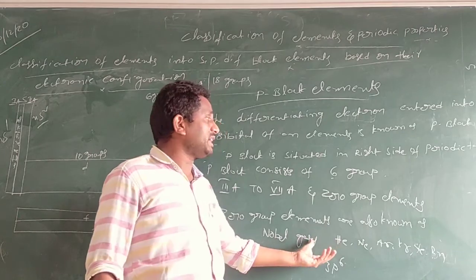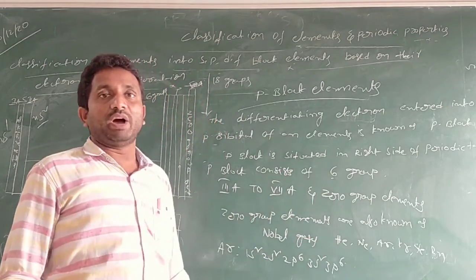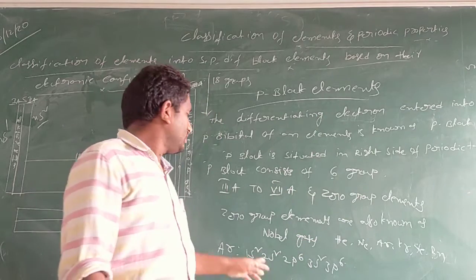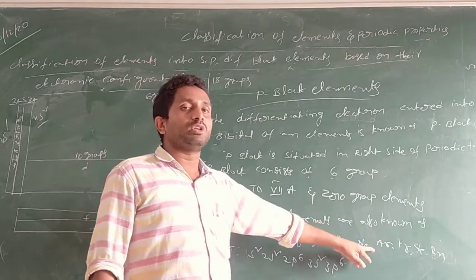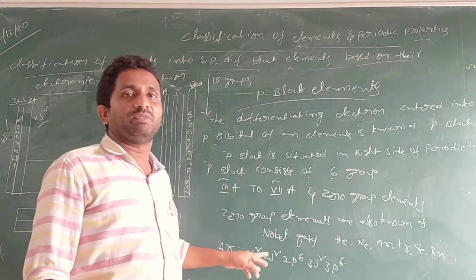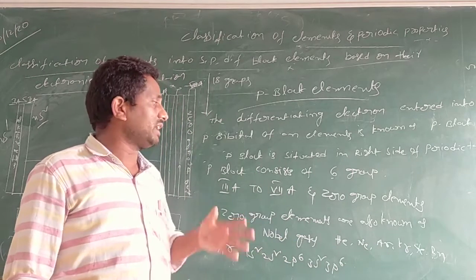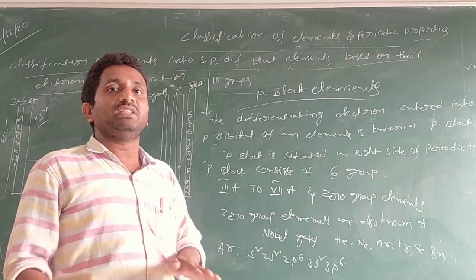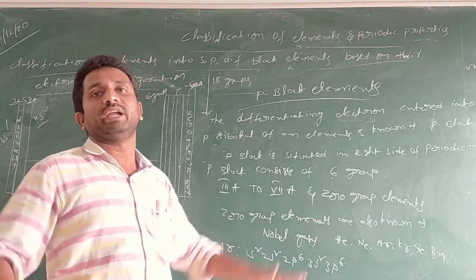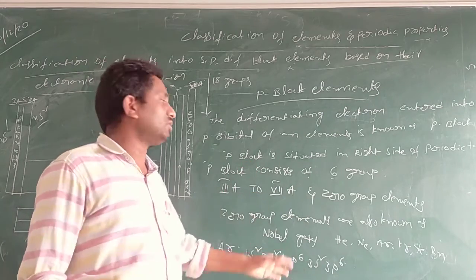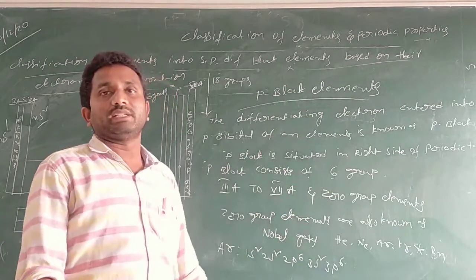This is the information about the 0 group elements. Why are these elements known as 0 group or noble gases? Because all these elements have their outermost shell completely filled with electrons. Due to this reason, these are non-reactive elements and monoatomic gases. So these are known as noble gases.